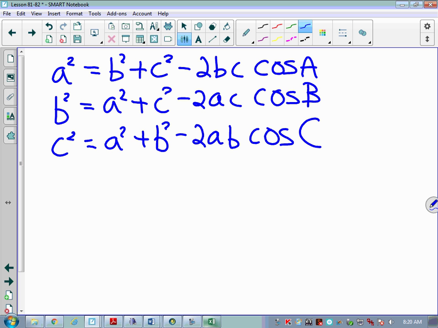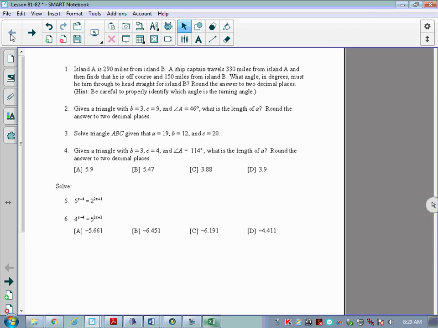All right, so I'll read this and we'll come back to it. There's a really similar question to this whenever we covered it in Algebra 2. Island A is 290 miles from Island B. Ship captain travels 330 miles from Island A, then finds that he's off course by 150 miles from Island B. I don't know what he was doing that he got that far off course.